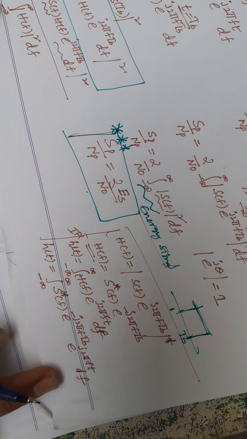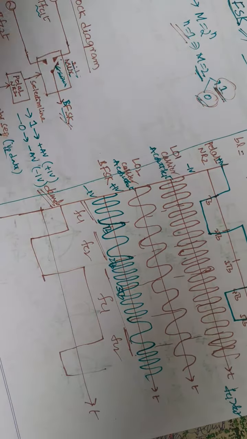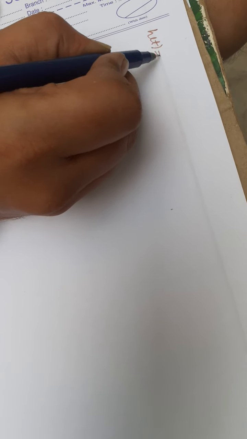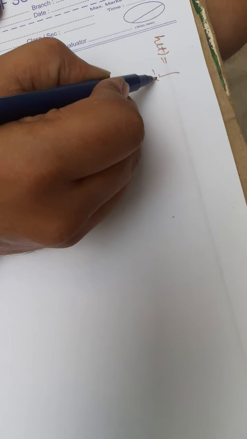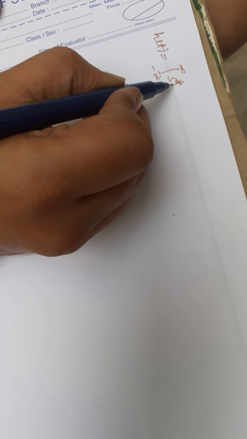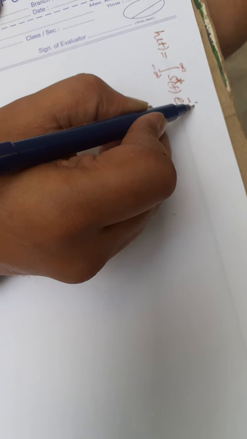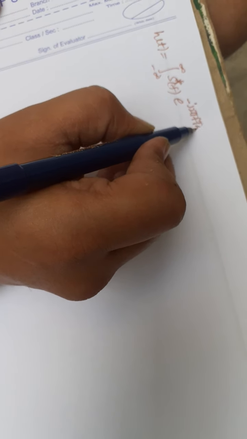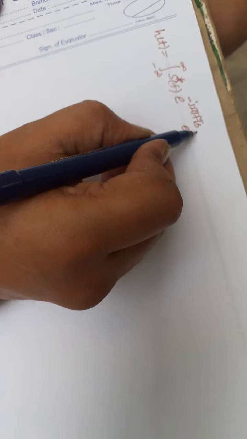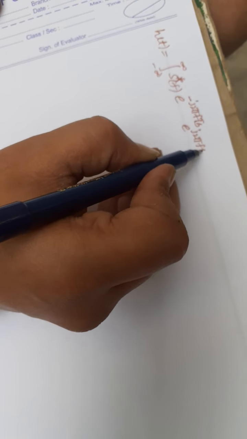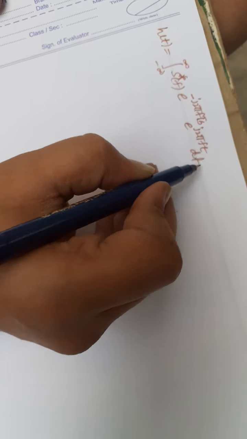Please remember this equation. So once again I am writing the same equation here: h(t) equals the integral from minus infinity to infinity of S(f) e^(j2πf tb) e^(j2πf t) df.